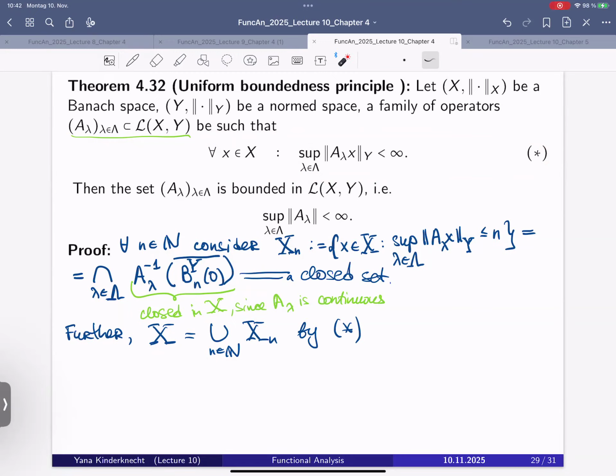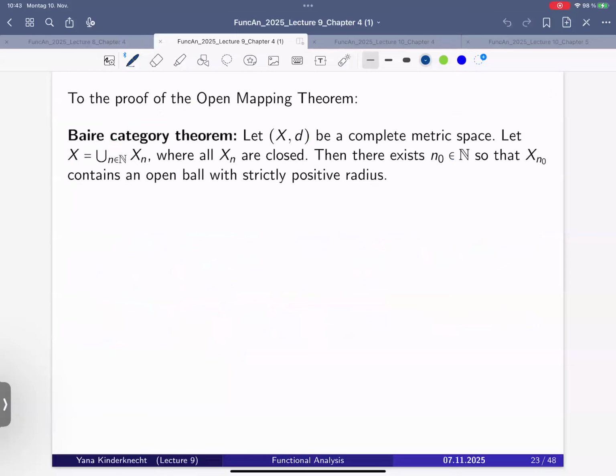Okay, and now we use this important thing that X is a Banach space, that is, a complete space. That is, we may apply the Baire category theorem. Let me recall, we have seen it already last time.